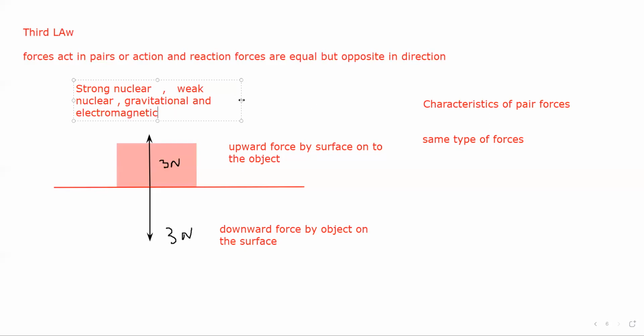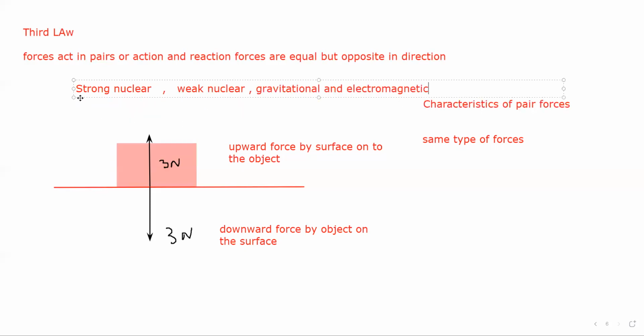Whenever there is a force between the particles, it can be one of them, it can be all of them, like three of them, two of them, but it should be categorized as same. So if there is a downward force, contact forces are normally electromagnetic forces.